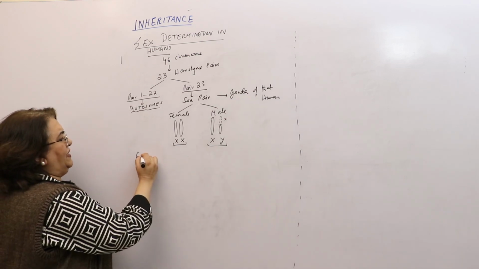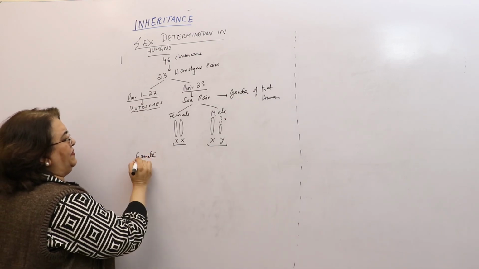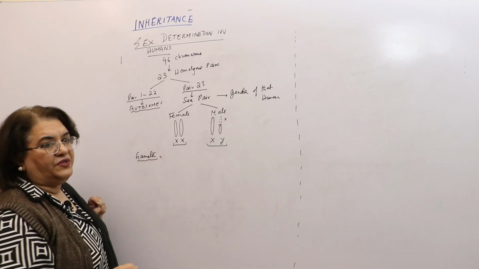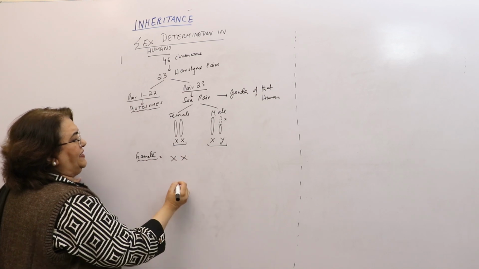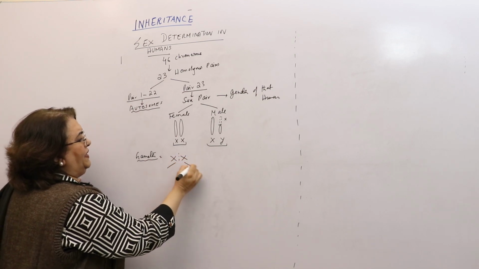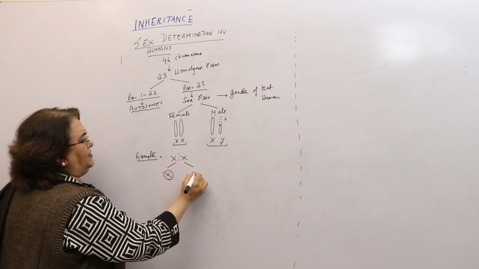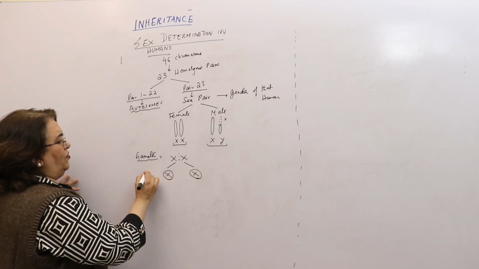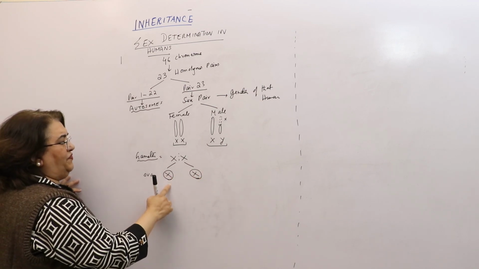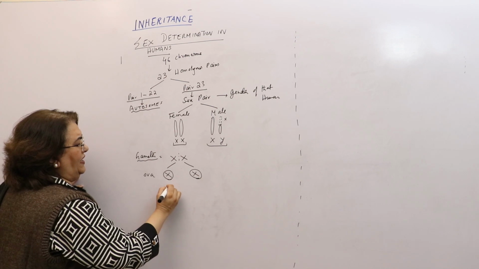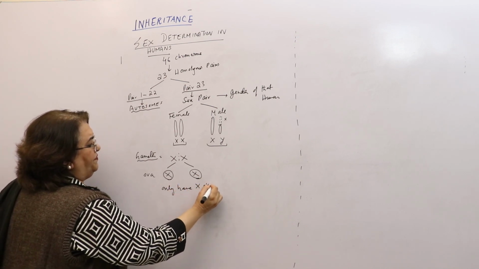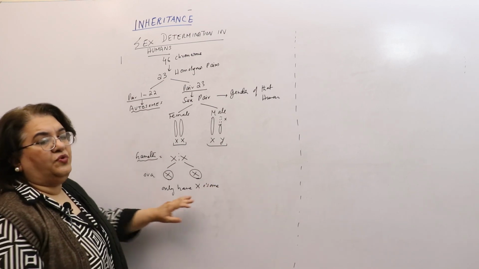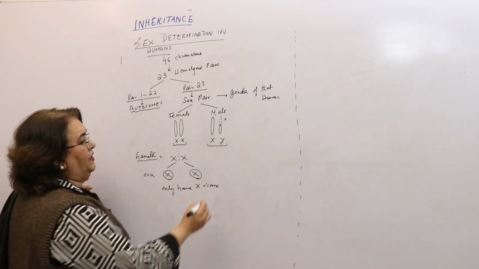When we look at the gametes present in humans, what do we find? The female has X and X, they split up and come into cells known as the ova. So in the case of the female, the ova will only have the X chromosome, and there is no other option available.